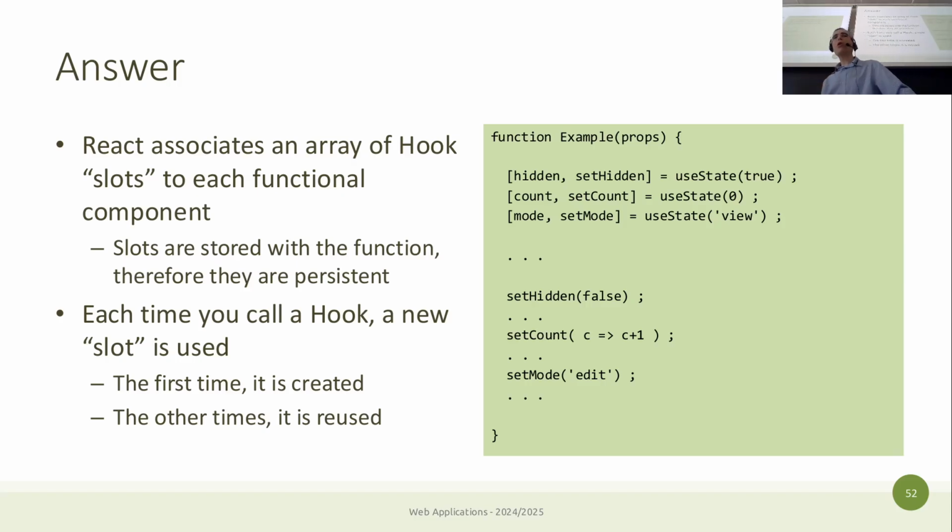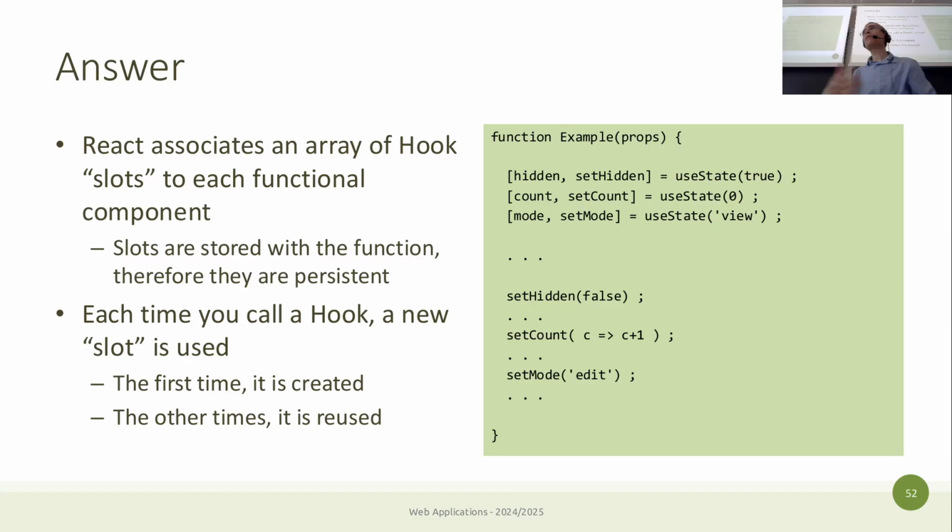So each time you call a hook, a new slot is used. If it's the first time, it's allocated, and if it's not the first time, it takes the state. In case of the useEffect, it takes the function that needs a cleanup, that runs the cleanup, and it checks if the previous value has changed, and so on.